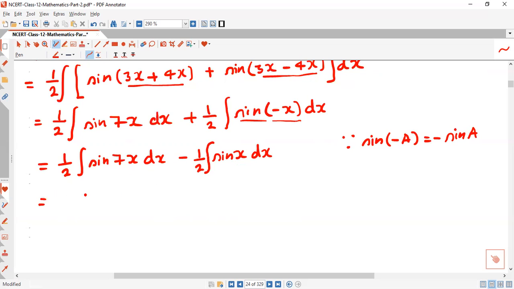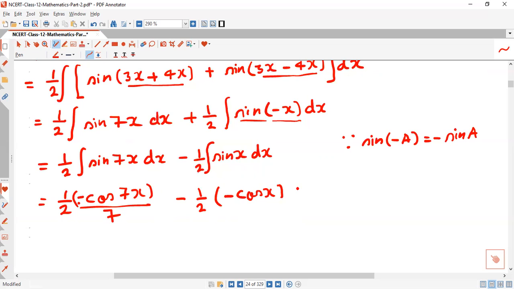Now taking the integration: half sine 7x becomes minus cos 7x upon the constant. The constant of x is 7, so I divide by 7. Minus half of sin x becomes minus of cos x, plus some constant c.